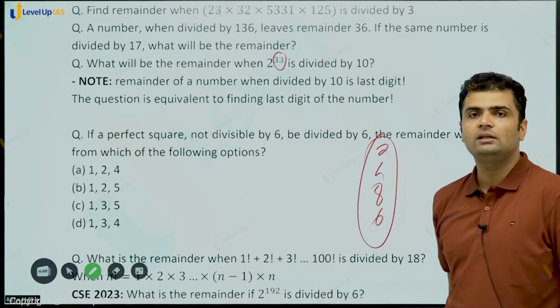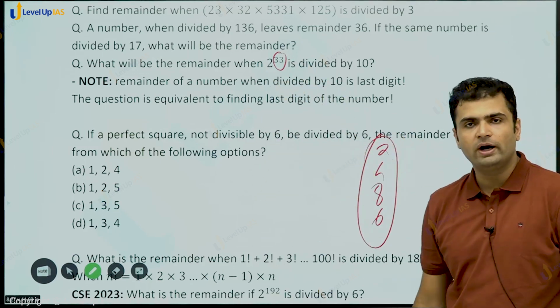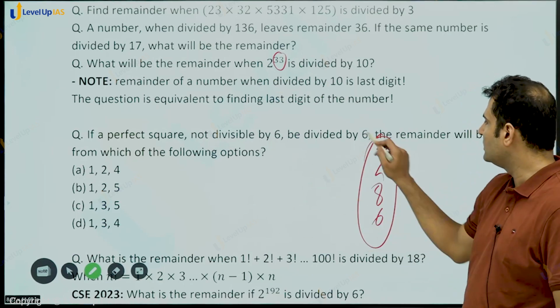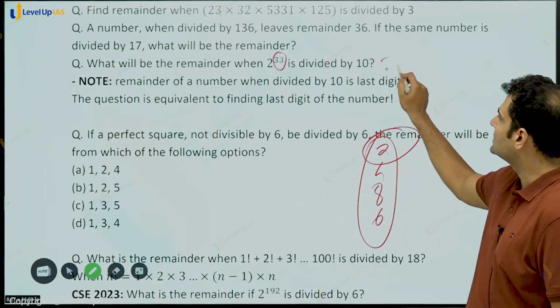Where does this 33 lie? तो 33 को 4 से डिवाइड करो, the remainder is 1 because 32 is divisible by 4. So remainder is 1, so units place is 2. So answer here is 2.